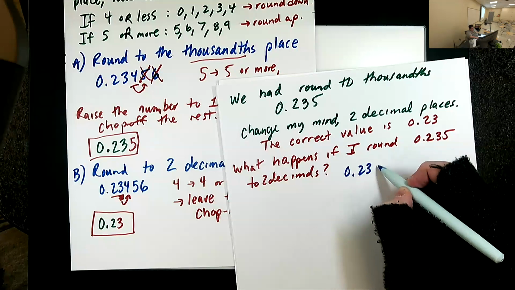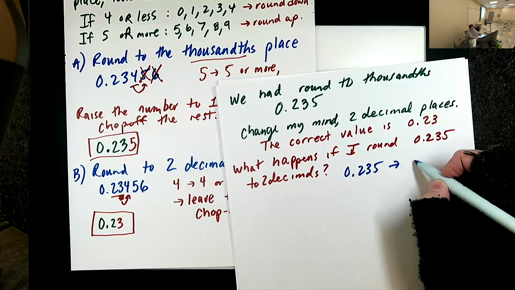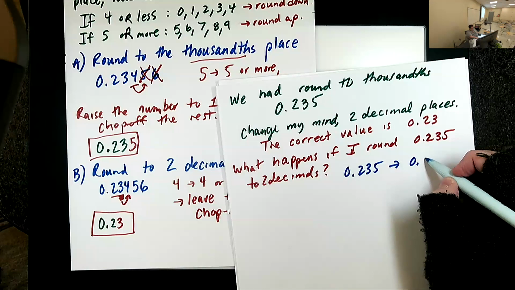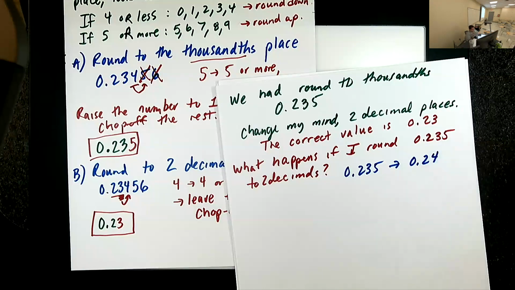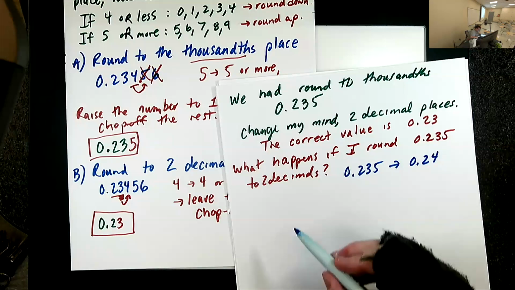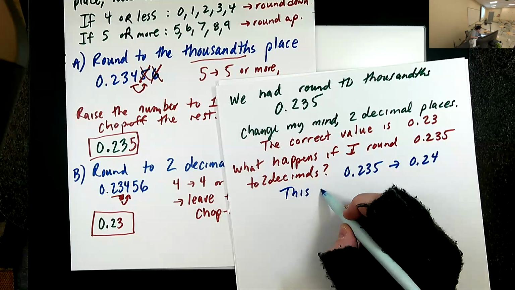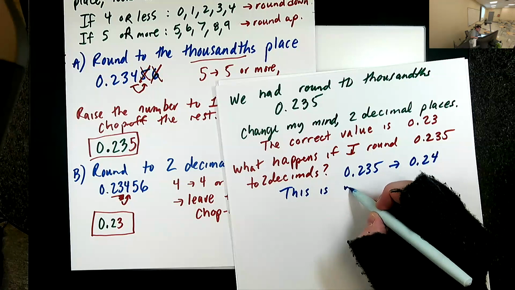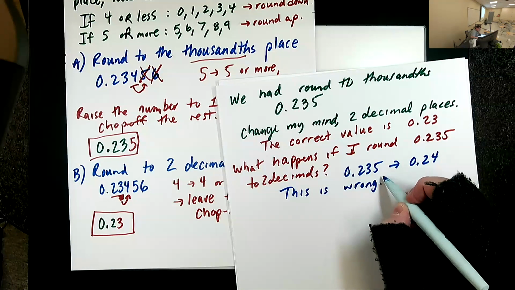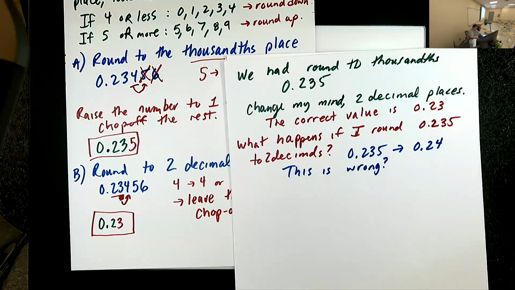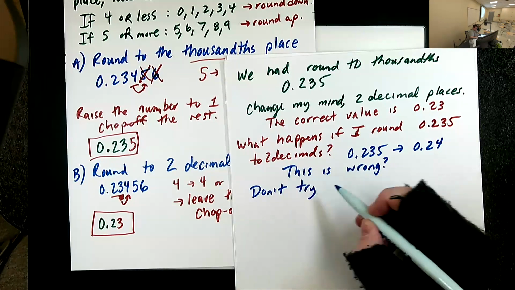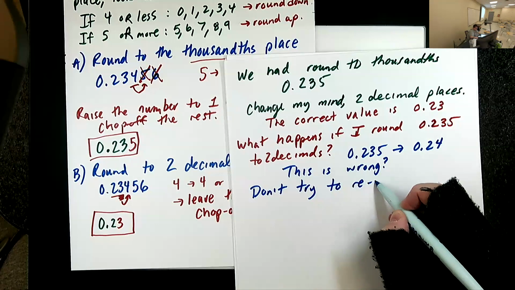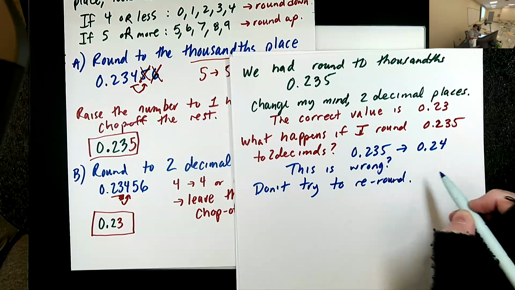It becomes 0.24, right? The number next to the 3 is 5. 5 is in the 5 or more, it would round up. This is wrong. Don't try to round and don't try to re-round. Start over.